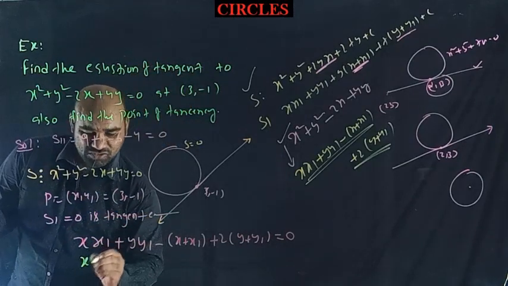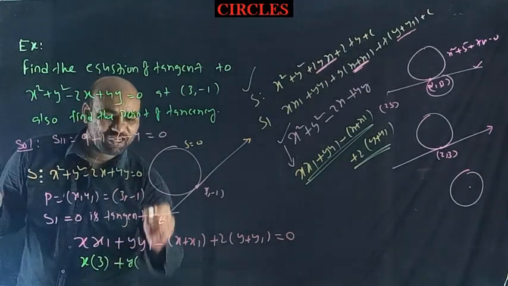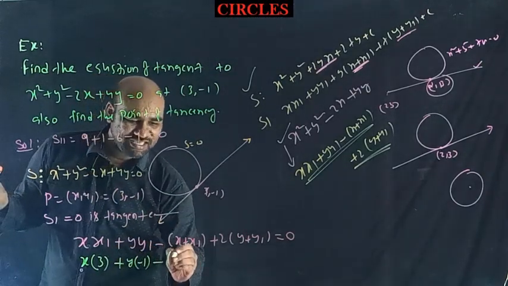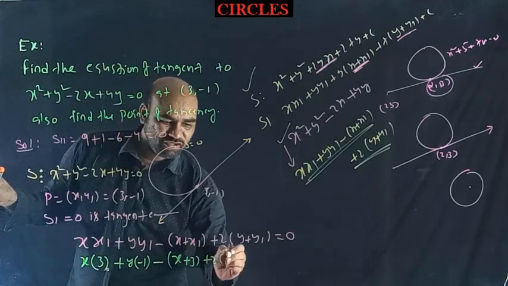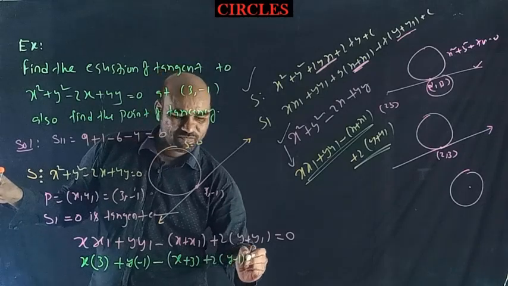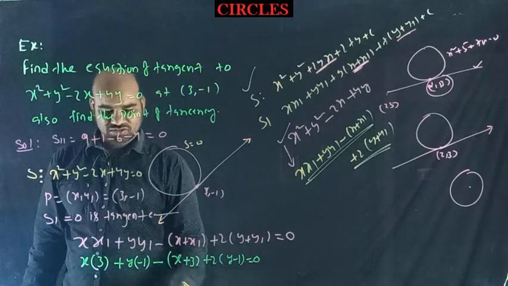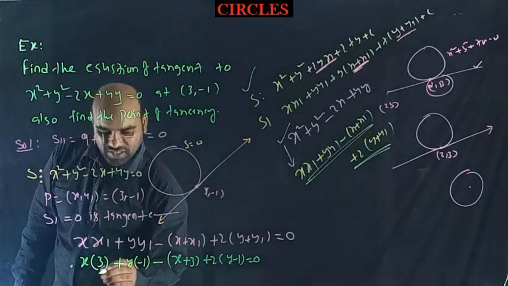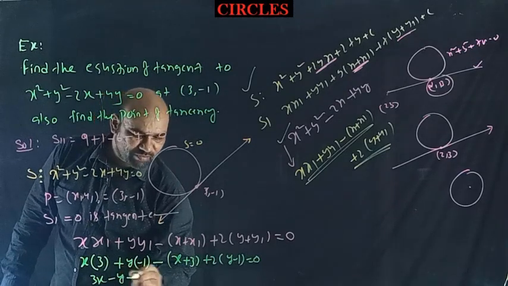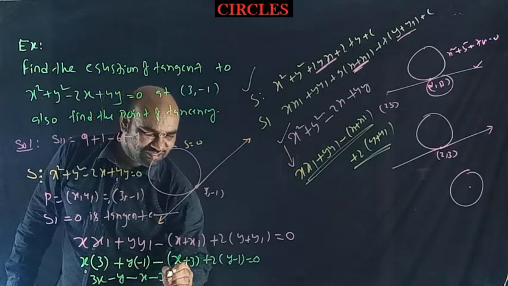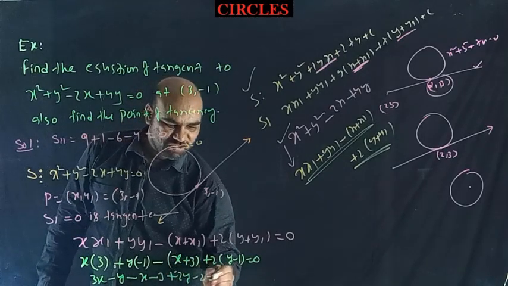So x into 3 plus y into minus 1, minus x as it is, x1 means 3, so minus of x plus 3, plus 2 into y, y1 means minus 1, equal to 0. Now I want to simplify this. 3x minus y minus x minus 3 plus 2y minus 2 equal to 0.